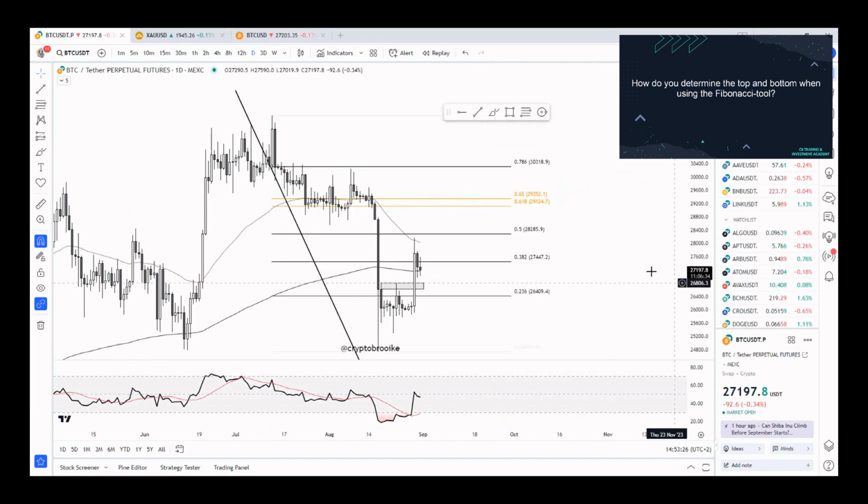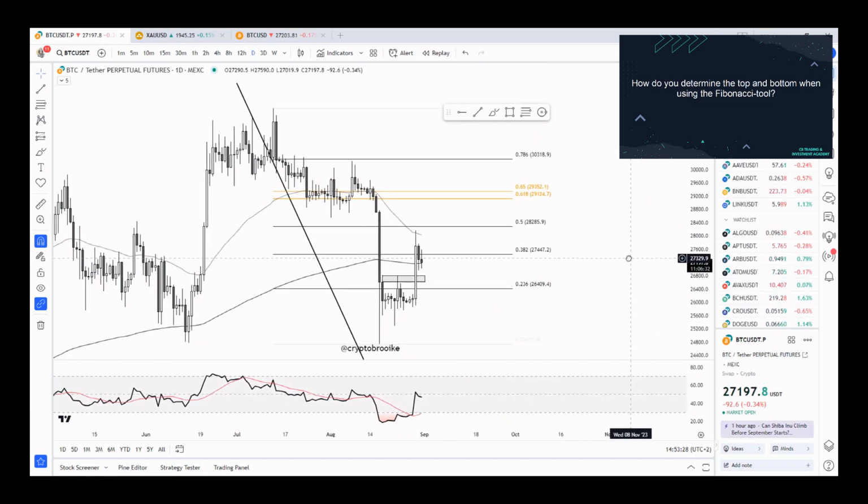So you would use the Fibonacci extensions if you're looking for either points to take profit or go short, because if you longed here, then you want to know where you can take profit. So the golden pocket is always an area of interest.